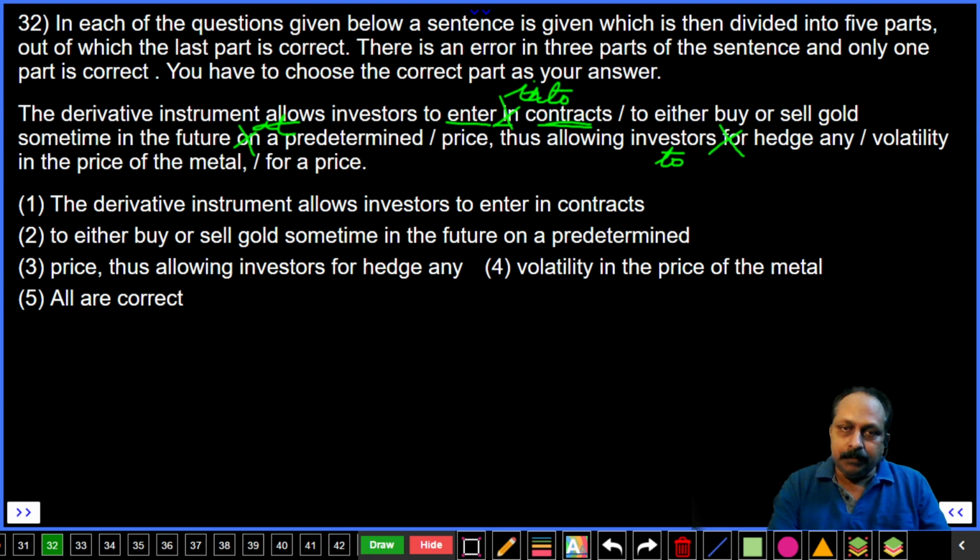At a predetermined price, there's an error here, there's an error here. Price, thus allowing investors to hedge any volatility, there's an error here. Volatility in the price of the metal, for a price. There's no error in the fourth part. Volatile means what? Not stable. The answer is the fourth option. Again, not easy.